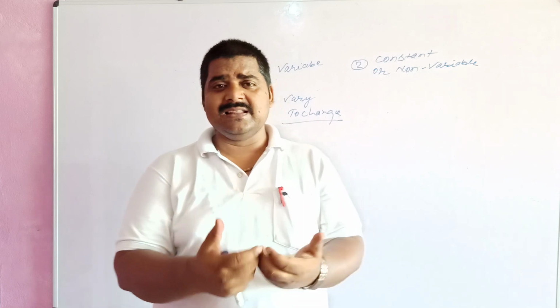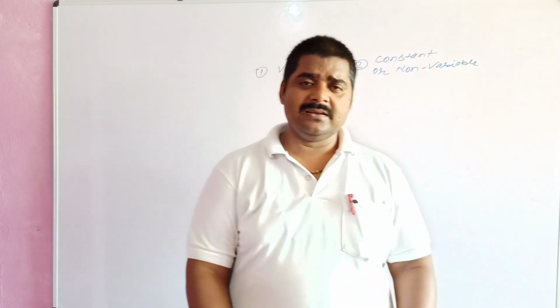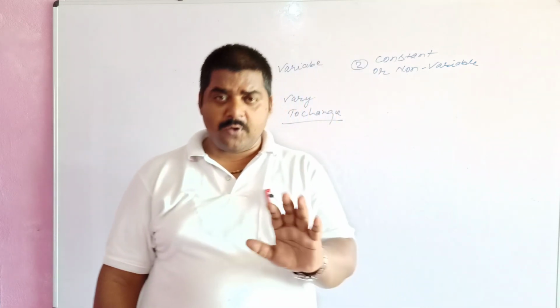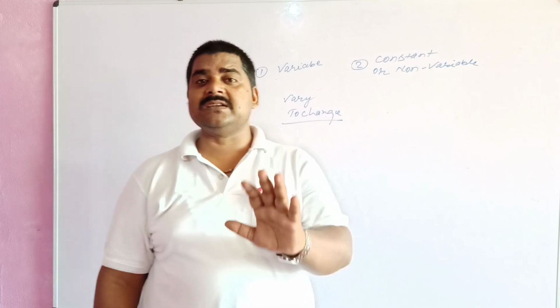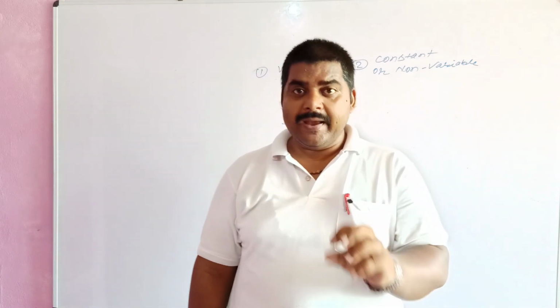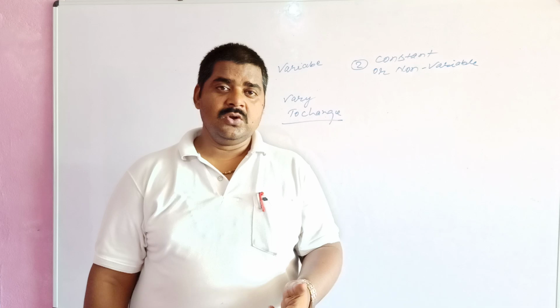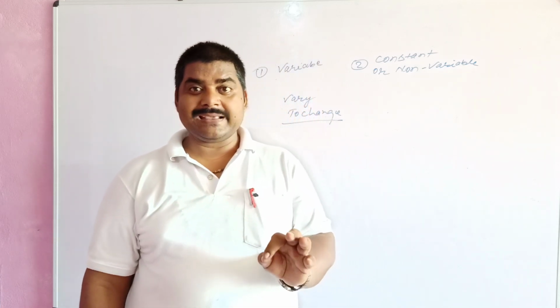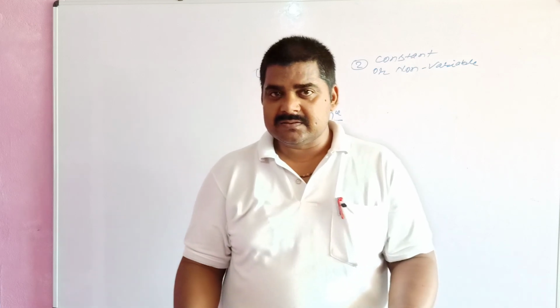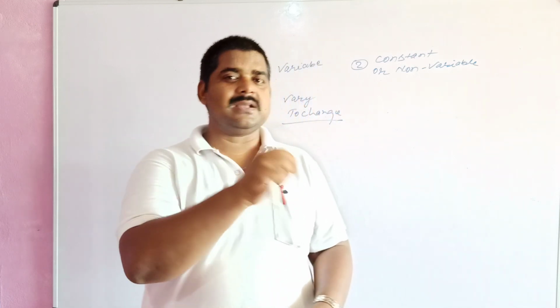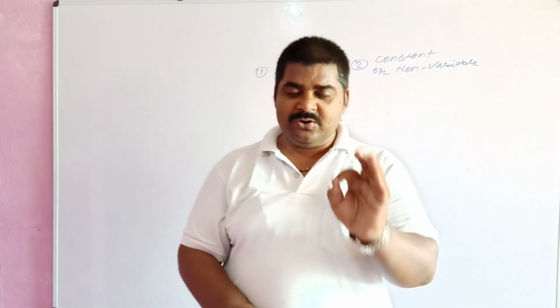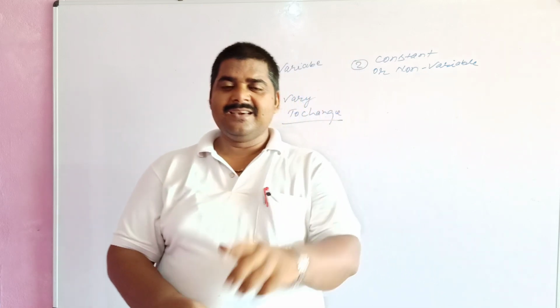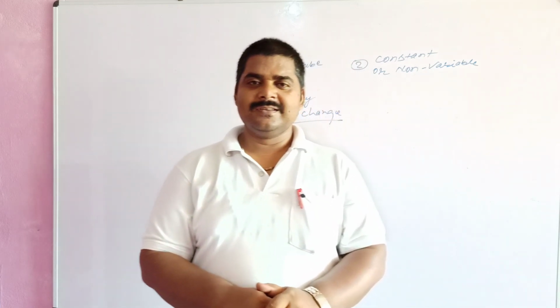How many students in the class? You just reply about 40 students. This 40 is a fixed value. When you ask a shopkeeper the cost of sweets per kg, he says 300 per kg. This 300 rupees is a fixed value.